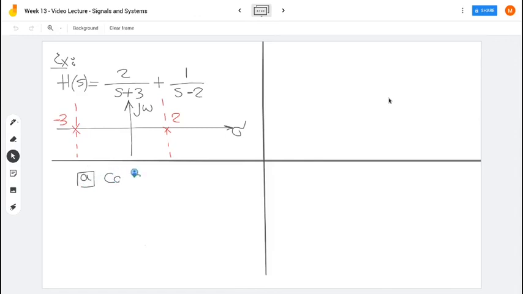So for a causal system, we know that the ROC must be right-sided. So for a causal system, the ROC would be real part of s larger than 2.